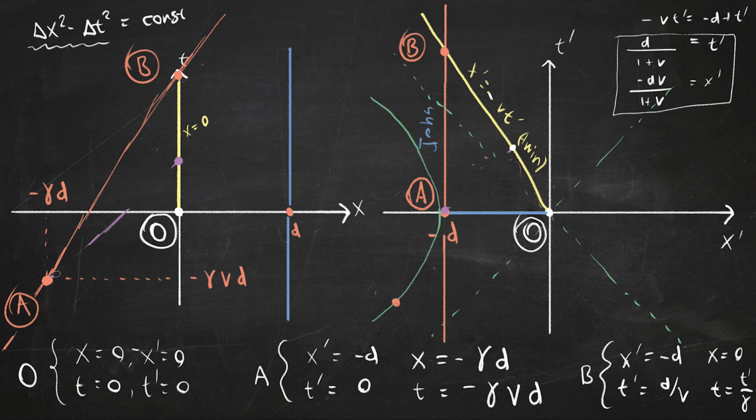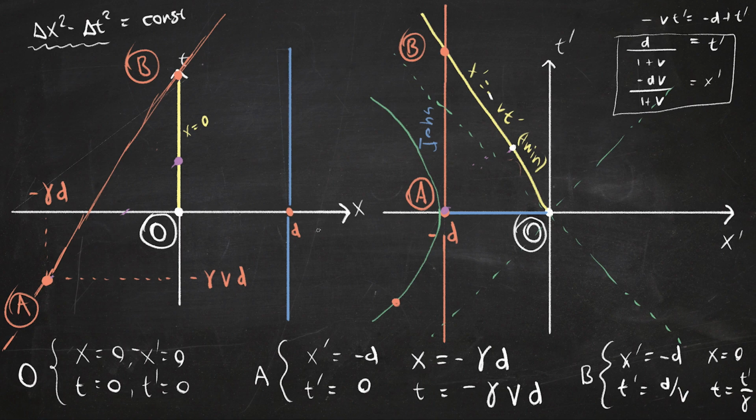So because the prime frame is moving towards the right, this world line of the star is going to be moving towards the left with a speed of v. So, well, that's, yeah.